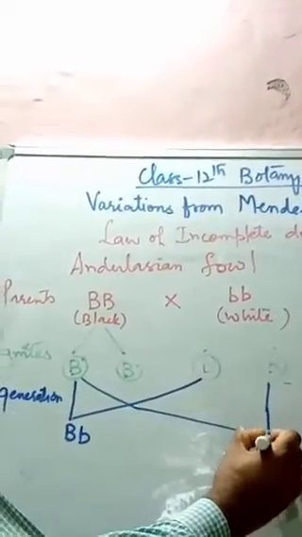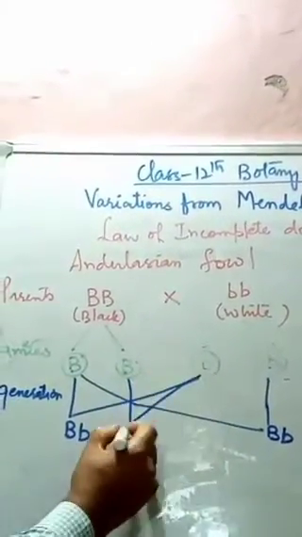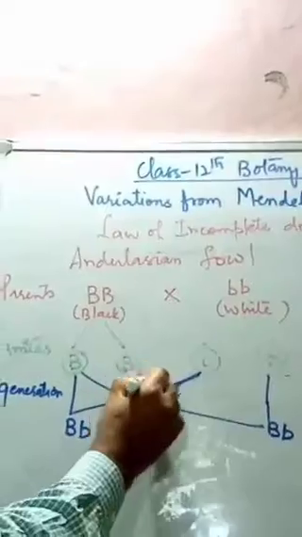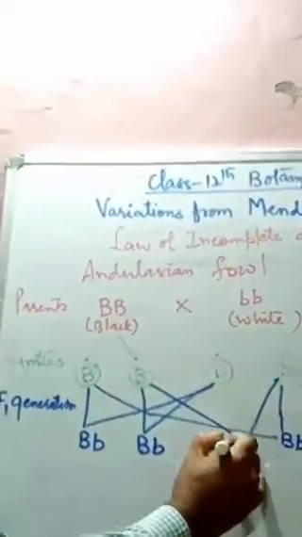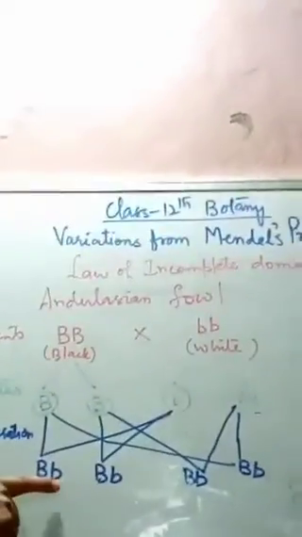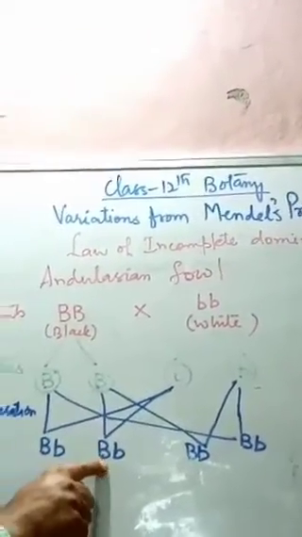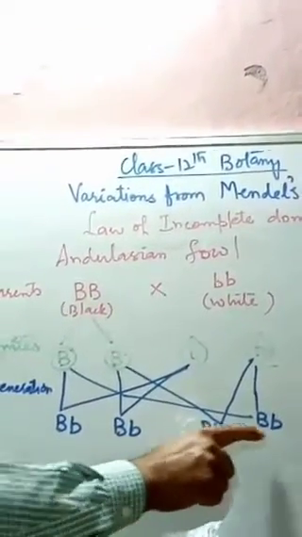Again, this will be capital B, small b. This will be capital B, small b. And this will be capital B, small b. According to Mendel, this is the dominant, this is the recessive. So here we will see it will be black. Again, this will be black, this will be black, this will be black.